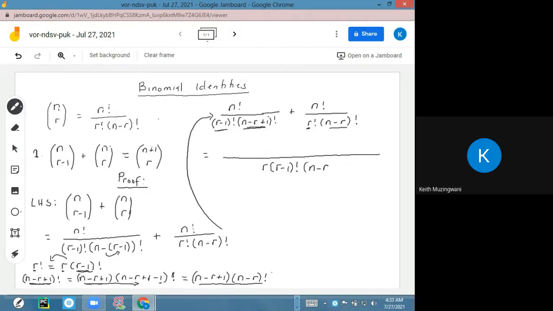n minus r plus 1 multiplied by n minus r factorial, and then divide by r minus 1 factorial. You can see that we have r remaining.